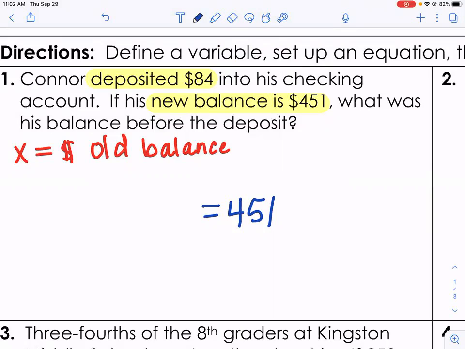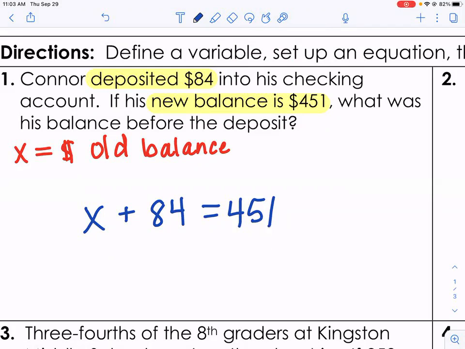X was our old balance, and then what do we do with the 84? Okay, so she says add, no subtract, no add, no subtract, no subtract. Okay, so let's talk through this. X represents the old balance for Connor. He deposited $84, which means he added $84 to his account. That's what you told me, right? Okay, and so now his new balance is $451.